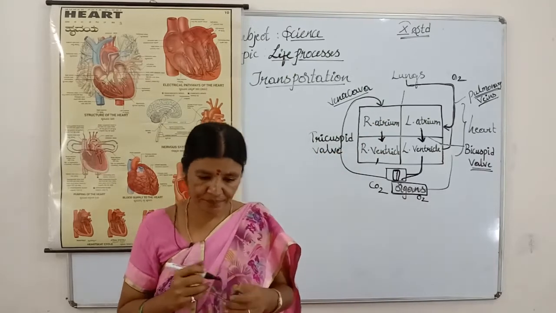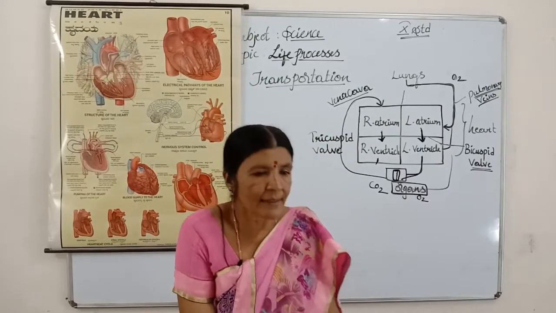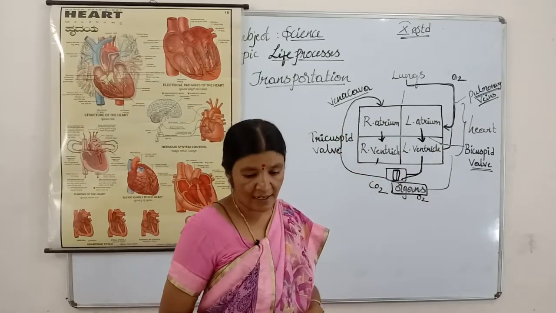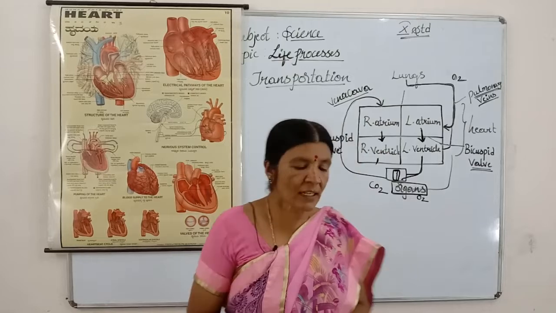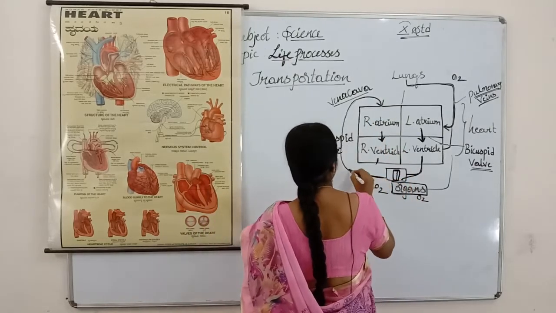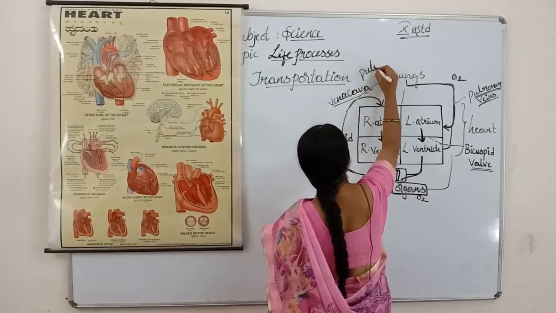Okay children, from the right ventricle the blood will reach the lungs through the pulmonary artery.